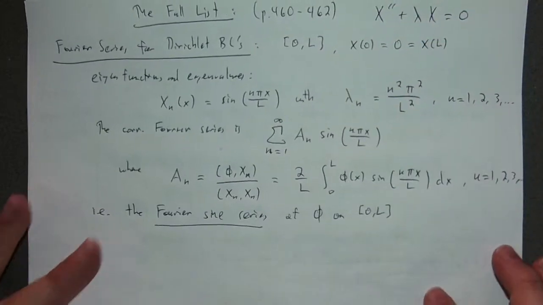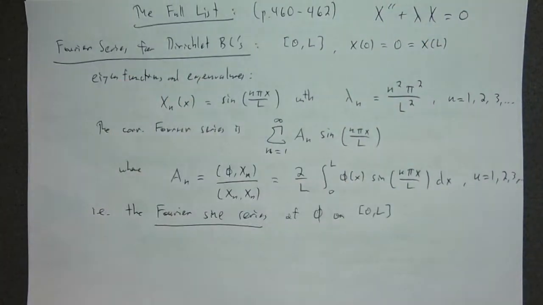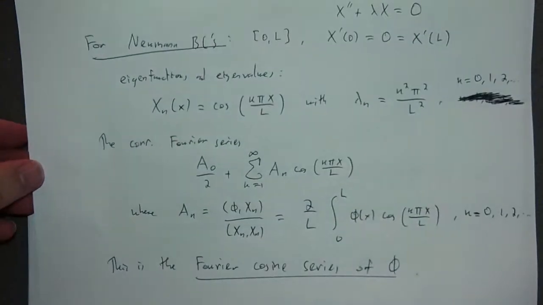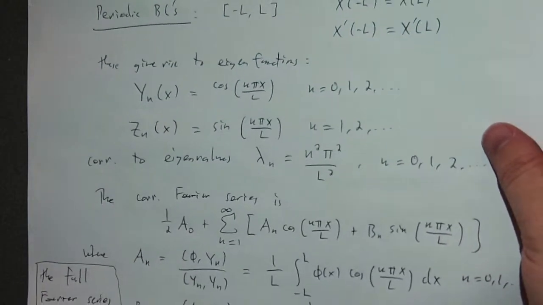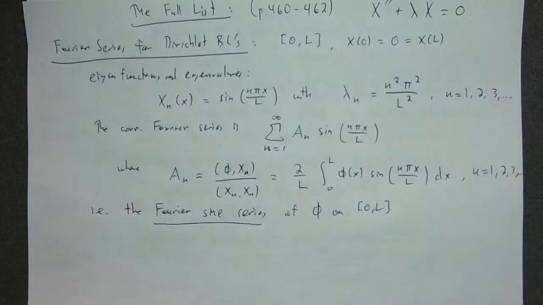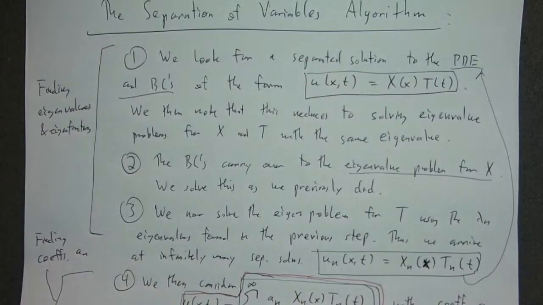We had our solutions to this for Dirichlet boundary conditions, for Neumann boundary conditions, and for periodic boundary conditions. Mixed boundary conditions we'll do a little later, but those were our main three.